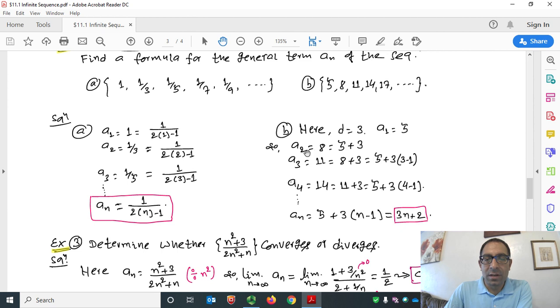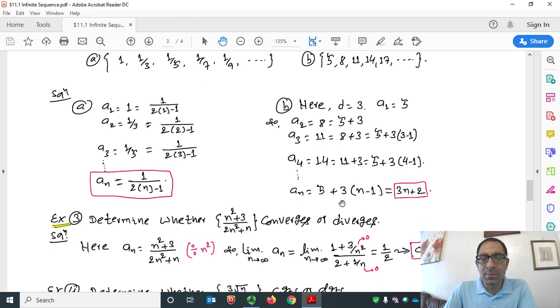Then a_2 is 8, which we can write as the first term plus the common difference. a_3 is 11, which you can write as 8 plus 3, or 5 plus 3 times (3 minus 1), because I'm looking for the formula for the arithmetic sequence, and we know the nth term equals the first term plus (n minus 1) times the common difference. So now we're using the pattern: a_n equals the first term plus the common difference times (n minus 1).